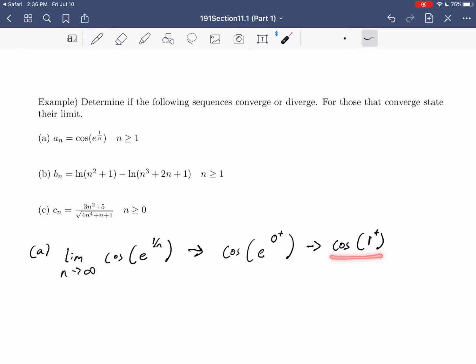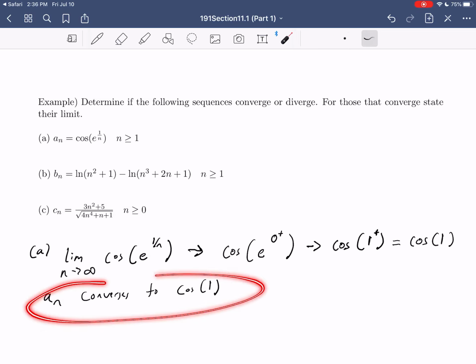Now, does cosine have any weird discontinuities or anything? No. So if you're plugging in numbers close to 1, this just equals cosine of 1. Of course, cosine of 1 doesn't have a clean value, but what we just figured out is that our limit is approaching cosine of 1. So a sub n converges to cosine of 1.